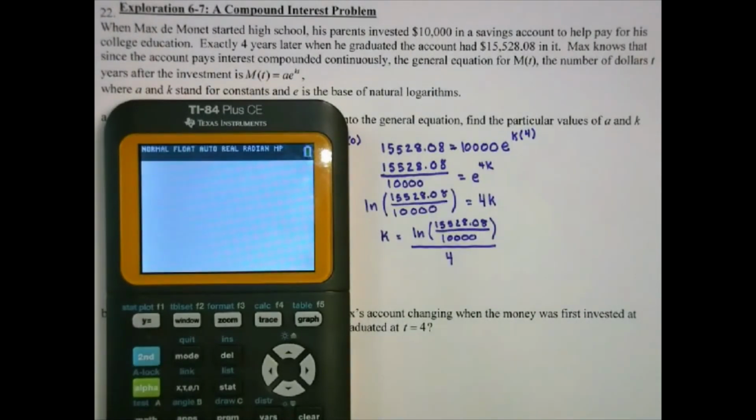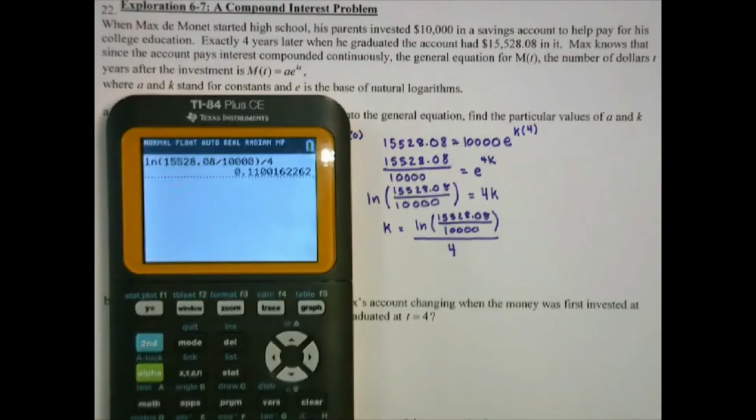Okay, so I'm going to take natural log of 15528.08 divided by 10,000 divided by 4. There's that number, so it's approximately 0.110, but we can't use 0.110, we need to use the whole thing. So what we're going to do is I'm going to store this.